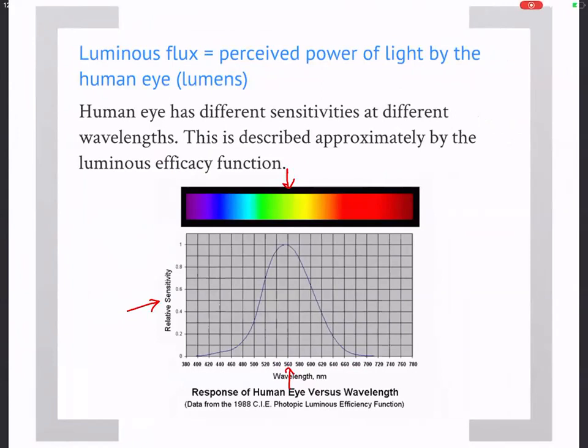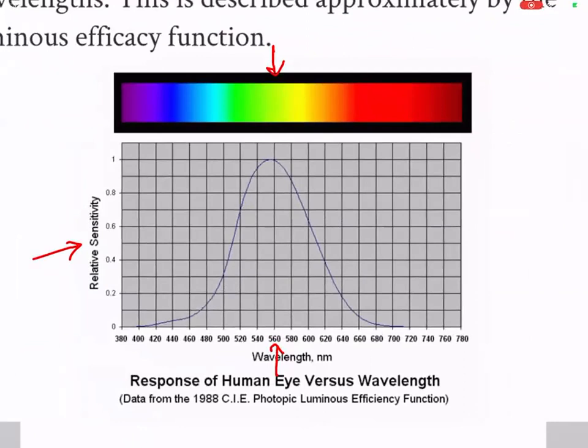And this sensitivity is described by something called the luminous efficacy function, which you can see here in the blue curve at the bottom. And the colors are shown on the top, which gives you a sense of what the important wavelengths are. And of course, we cannot see past about 660 nanometers or so. And again, this changes with your age.